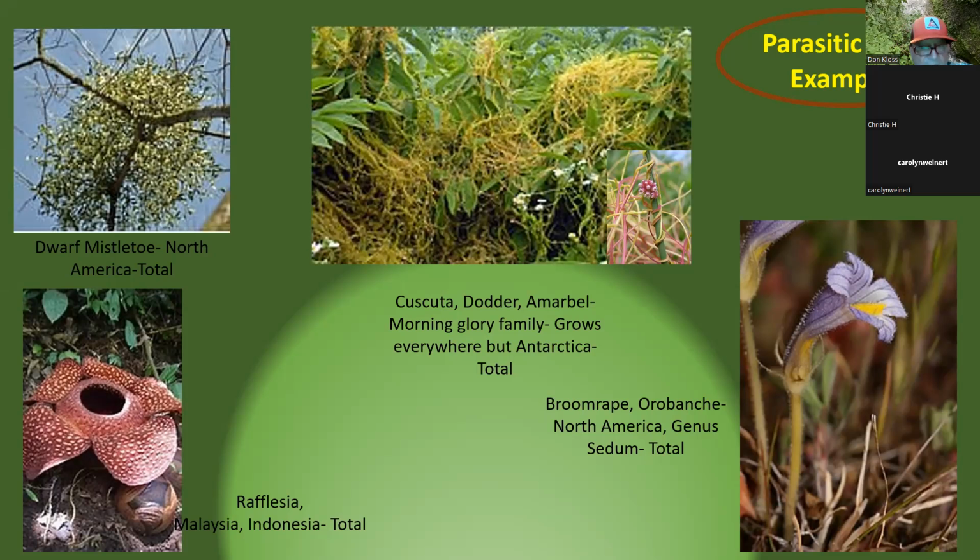And then we don't have this here, but I think it's the most interesting one, on the bottom left. This is called Rafflesia, and it is only found in Malaysia and Indonesia. It is a root parasite, and it's a total parasite. So it grows and attaches itself to the roots of trees.